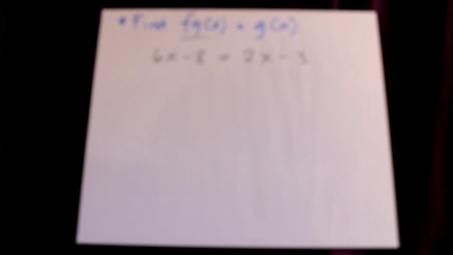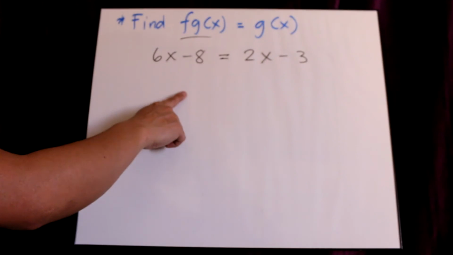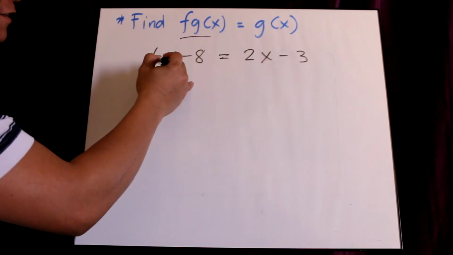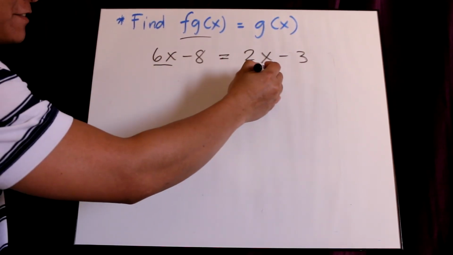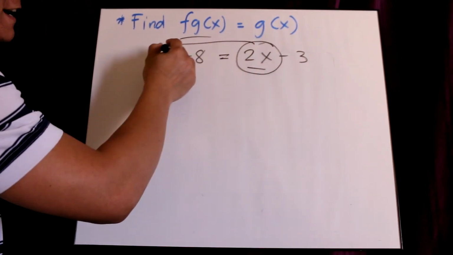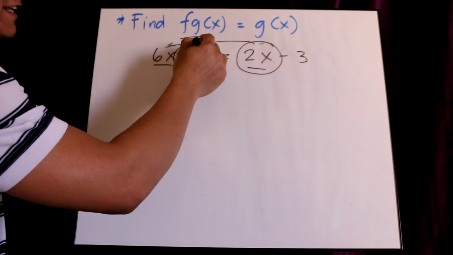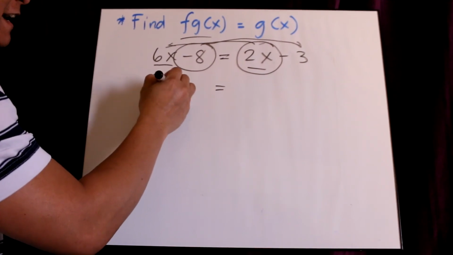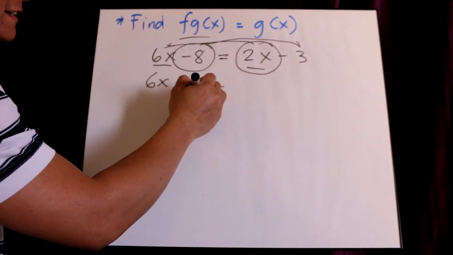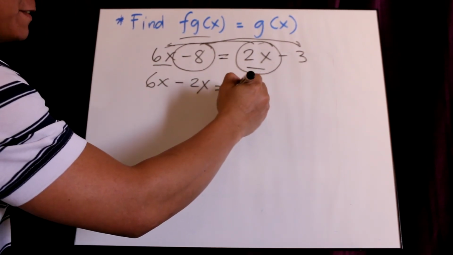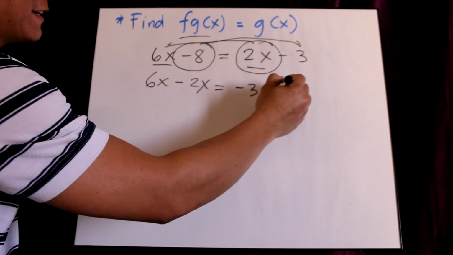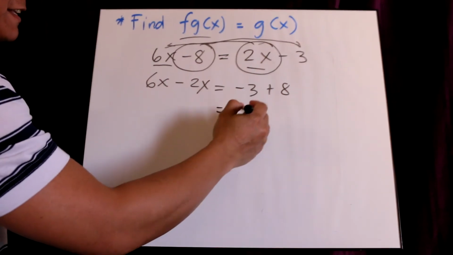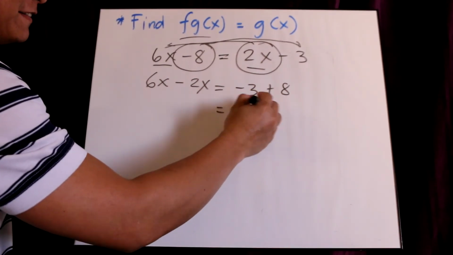So then, same with what we did with inverse function and all, we can transfer. So you have 6x here and 2x there, so you can transfer 2x to the other side, and then the 8 on the other side. So this means 6x minus 2x, and then you have minus 3 plus 8. So that means 5 here.